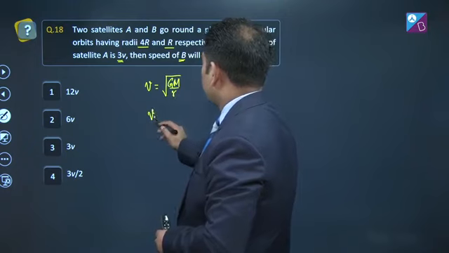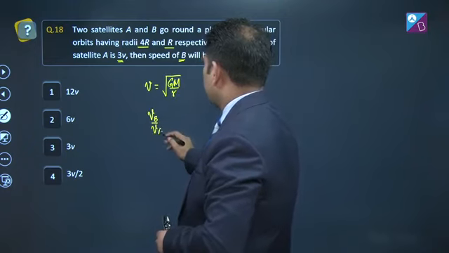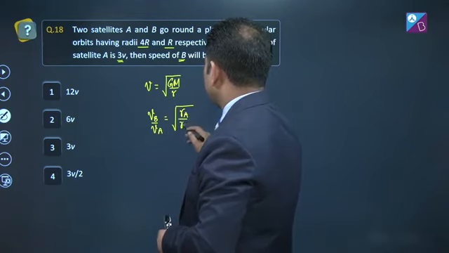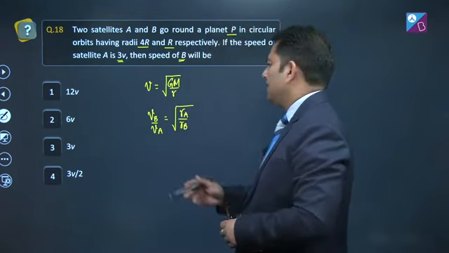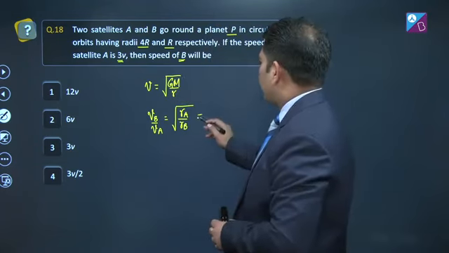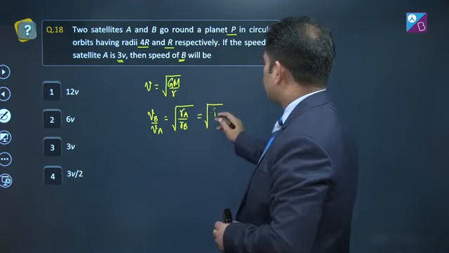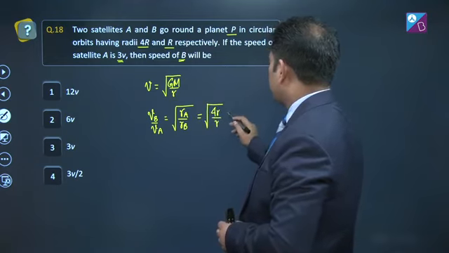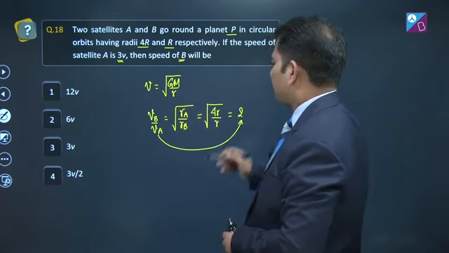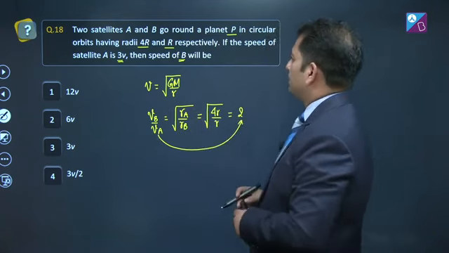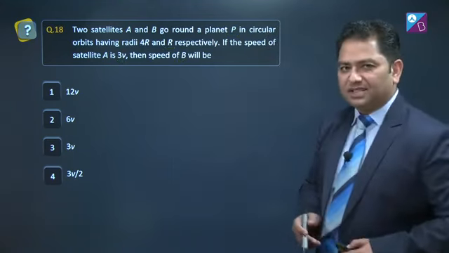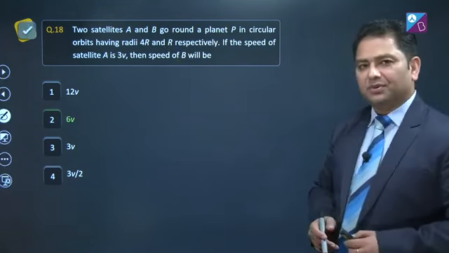So Vb by Va will be equal to root of Ra by Rb, inversely proportional to root of R. G and capital M will be constant. Now, how much is the radius of A? That is 4R divided by R, which becomes 2. So the speed of B will be twice the speed of A. In other words, speed of A is 3v, so 3v multiplied by 2 will be 6v, option number 2.